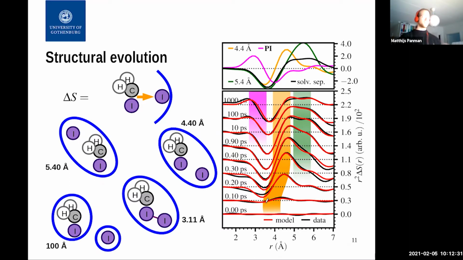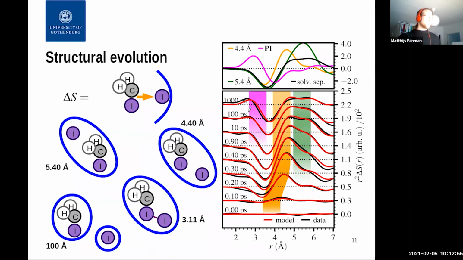We observe an increase in the signal and an evolution of the scattering as time progresses. The colored bands show the iodine-iodine separation distance of the different species, which are shown here.